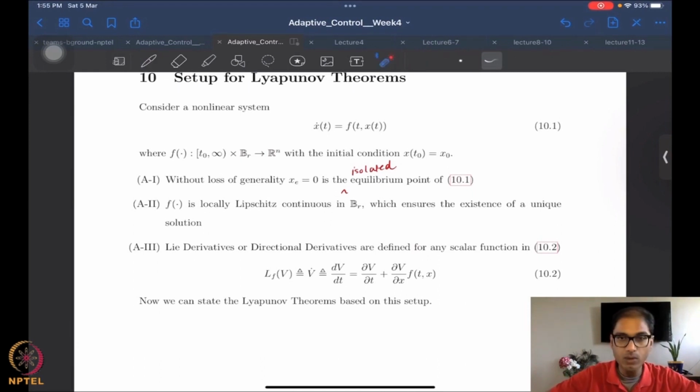We already discussed why we will have some issues if the equilibrium is not isolated. All right, so we first assume that 0 is an isolated equilibrium point, and that is the equilibrium point which we are interested in analyzing.